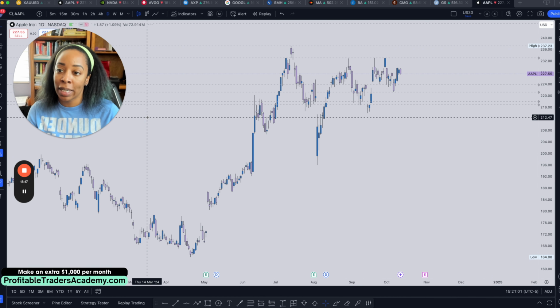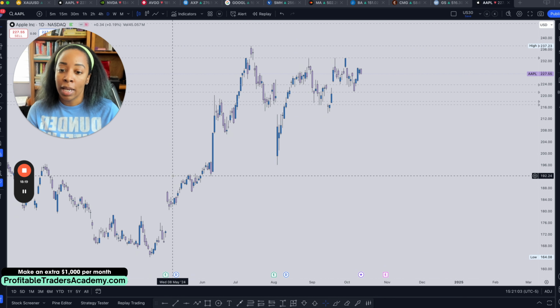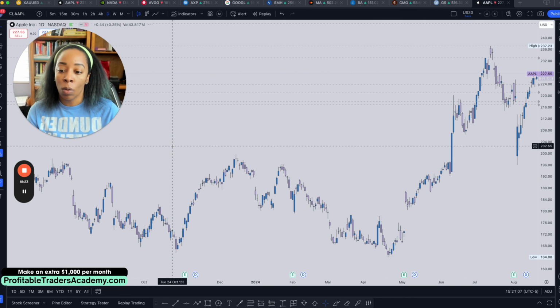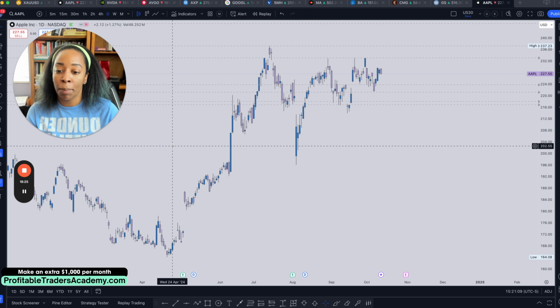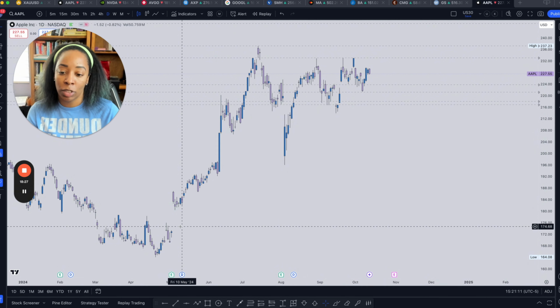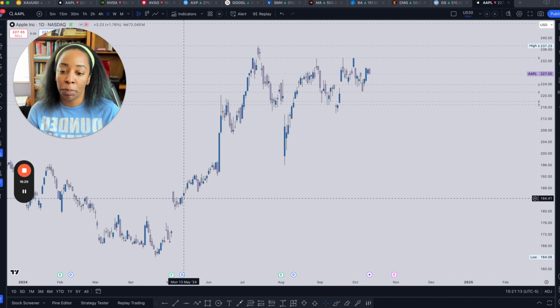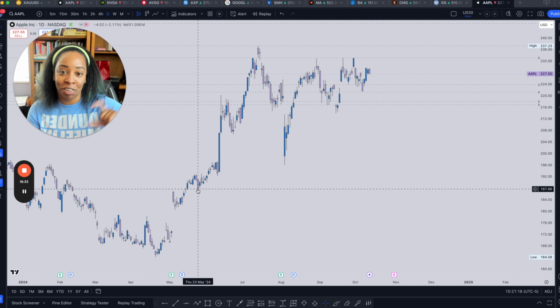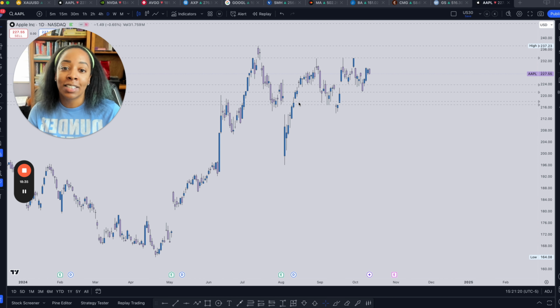Now, when we go down to the daily time frame, in the same area, we do see a lot more data on the chart, and you do see a lot more switching back and forth between bullish, bearish, bullish, bearish.